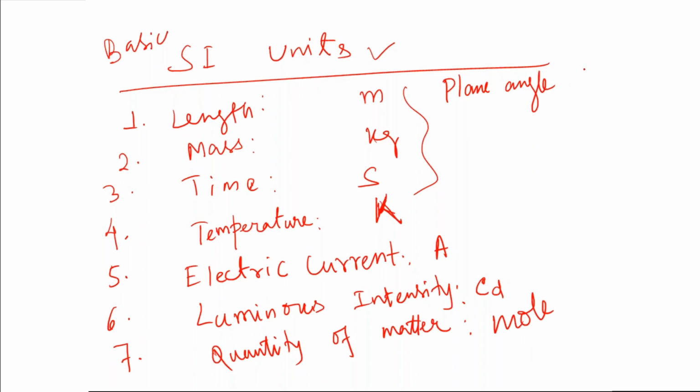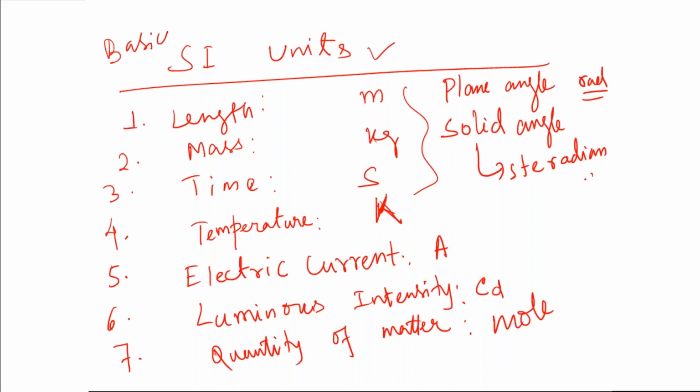You will have this in your book. You have to read from there. And the other one is the solid angle. We'll discuss what a solid angle is. Solid angle has the unit steradian, abbreviated as sr, both small.